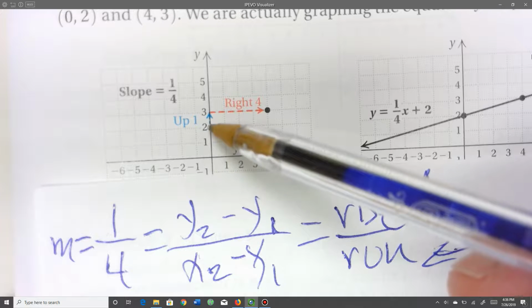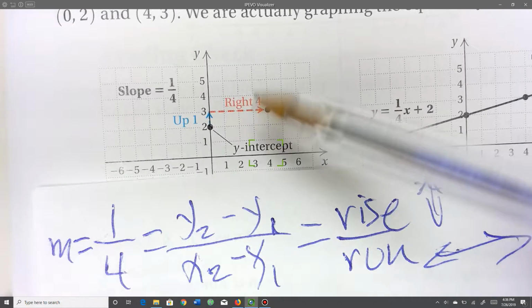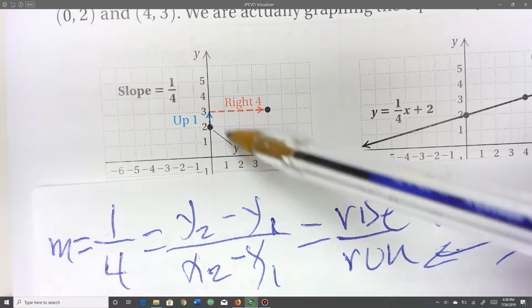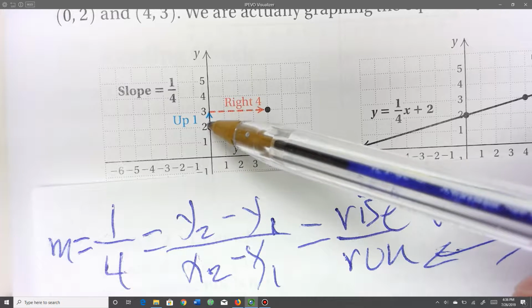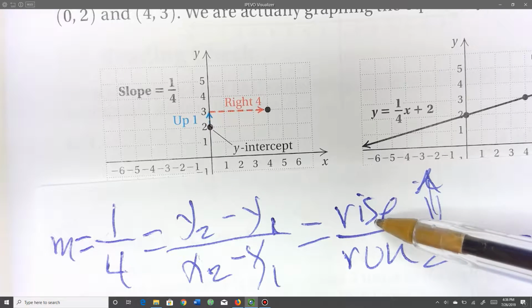I start at the point I just plotted, and from there I do my rise first.